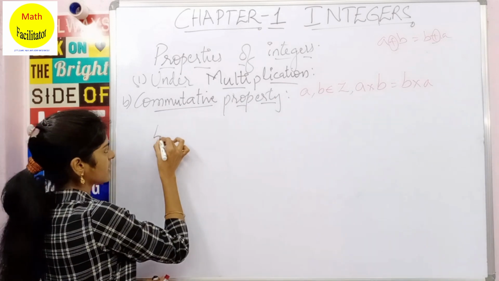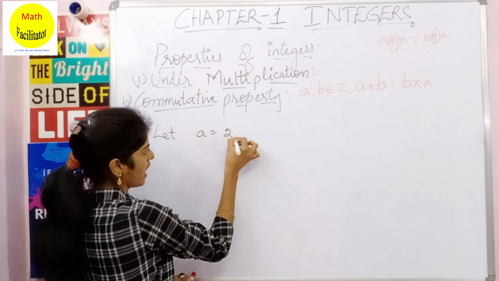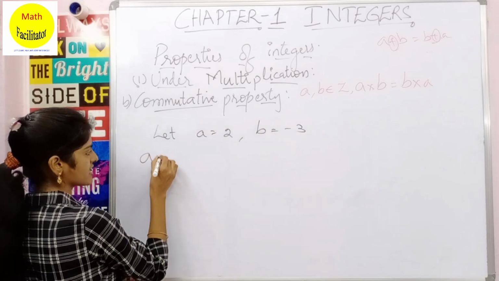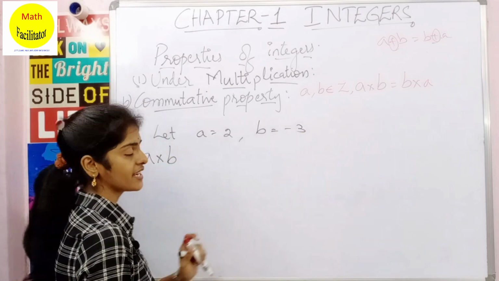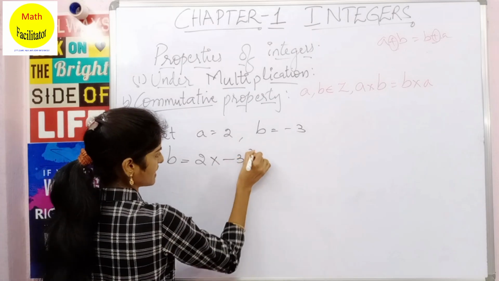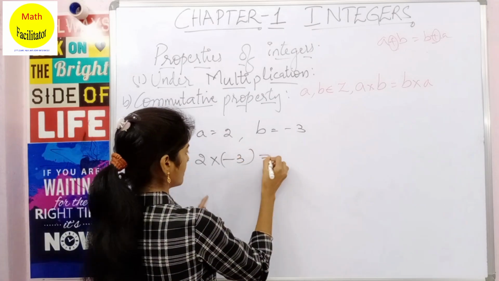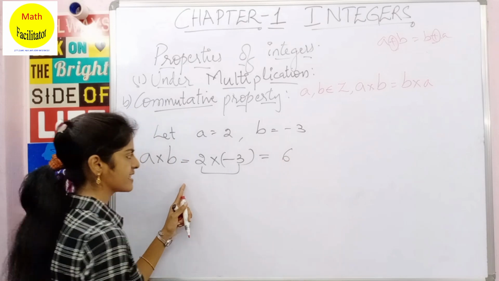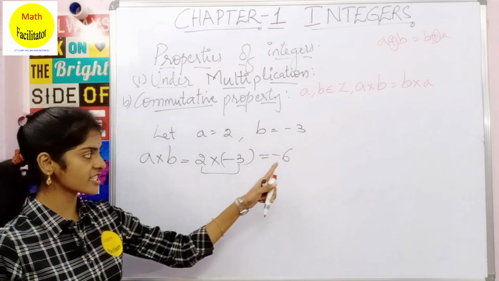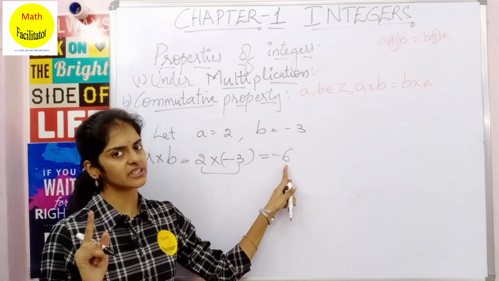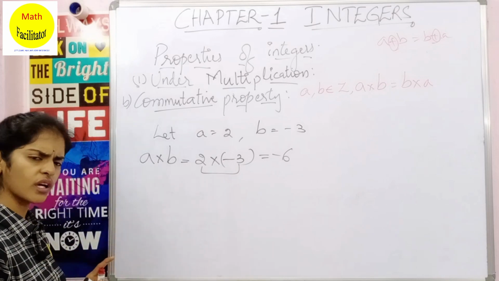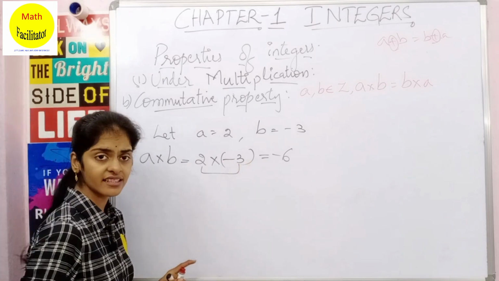Let A be 2 and B be minus 3. Now what is LHS? LHS is A into B. A is 2 and B is minus 3. What is the answer? 2 3s are 6, and as I already told you, plus into minus gives you minus. So the answer is minus 6. Be very careful with the signs. Don't forget to check the signs, because it gives you a completely wrong answer if you don't consider them.